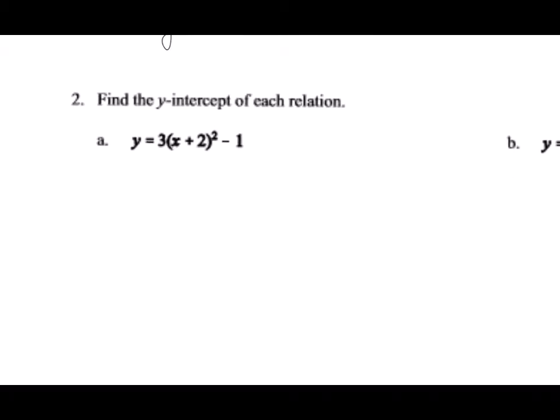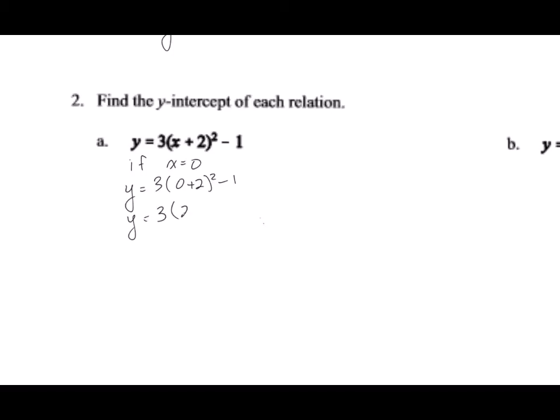Now, this next one asks us to find the y-intercept of the relation. There are 2 ways to do this. I could have taken this equation and expanded it. But another way of doing it is just simply letting x equal 0. So if x equals 0, then we have 3 times (0 plus 2) all squared minus 1. And we simplify the bracket.